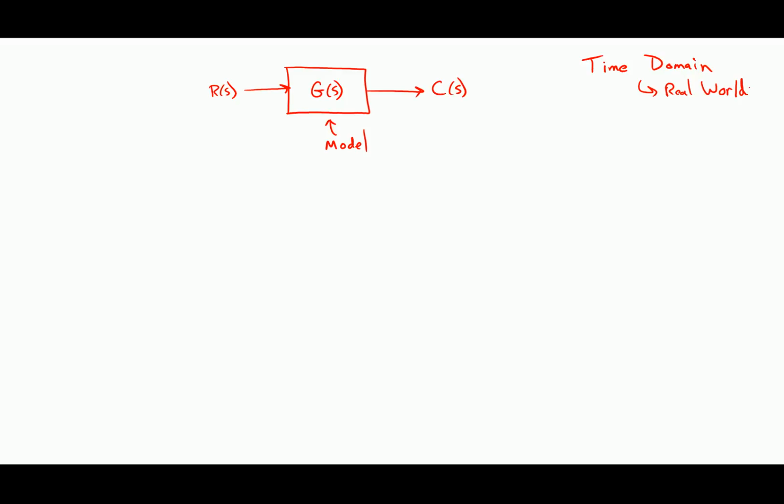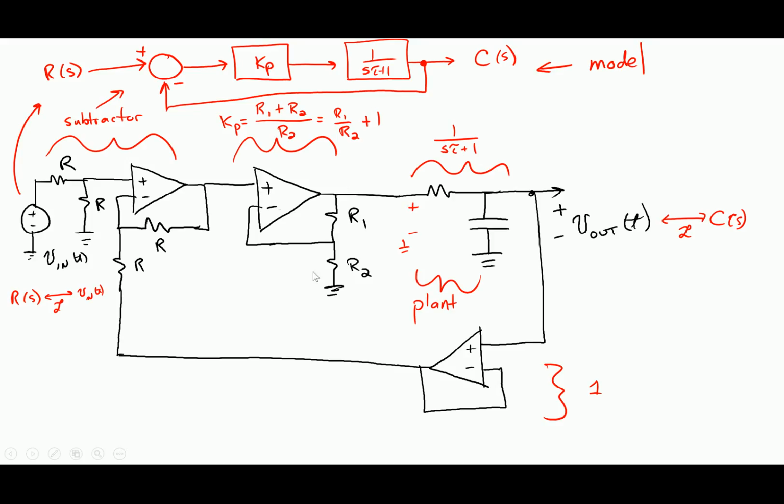So if I have, for instance, a step input, well, if this V in here was a function generator and I turned that function generator on, that would be a step input, okay? In the real world, I would observe a step input. In the frequency domain, that would mean that this guy is represented by 1 over S. 1 over S doesn't exist in the real world, okay? The step input does. I could go to an oscilloscope and see that step input.